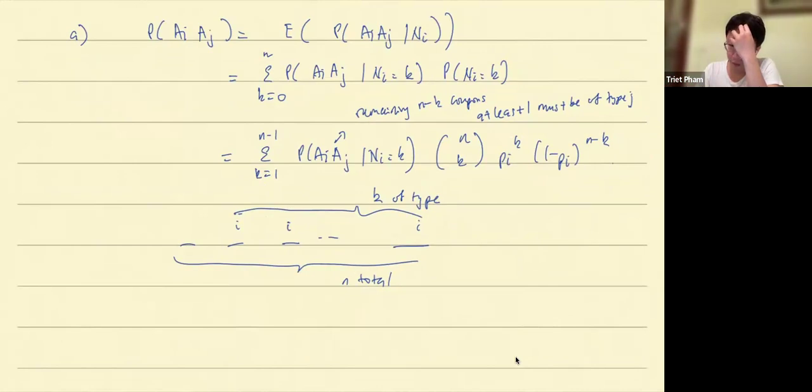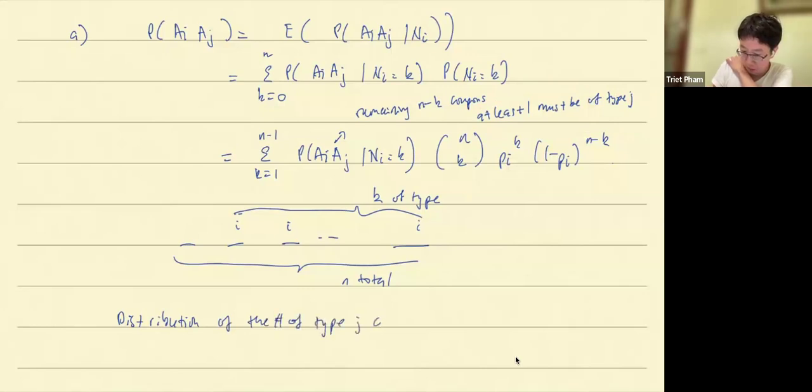So we'll look at the distribution of the number of type J coupons in the remaining n minus k.